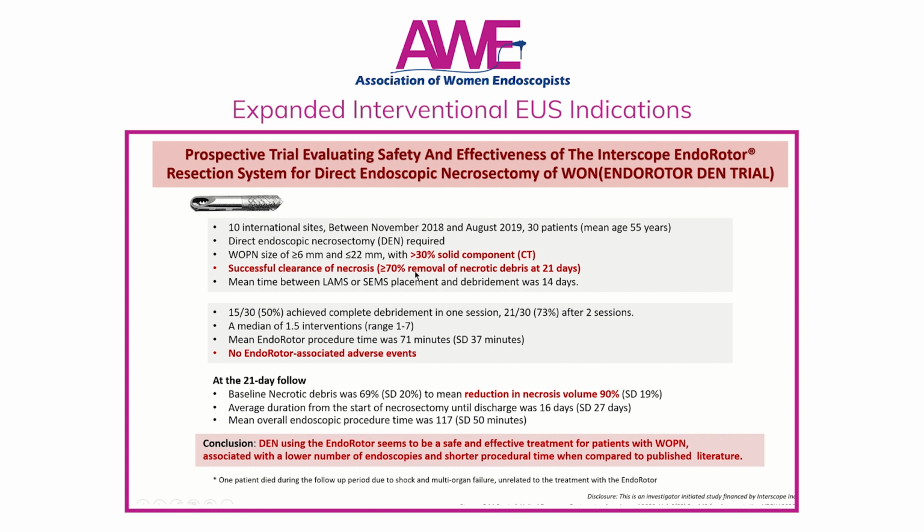As shown here, more than 70% of necrotic debris was removed within 21 days. The authors concluded that this device is safe and effective, and it's associated with a lower number of endoscopic sessions and shorter procedure duration compared to published data. However, a head-to-head comparison with standard devices is required.